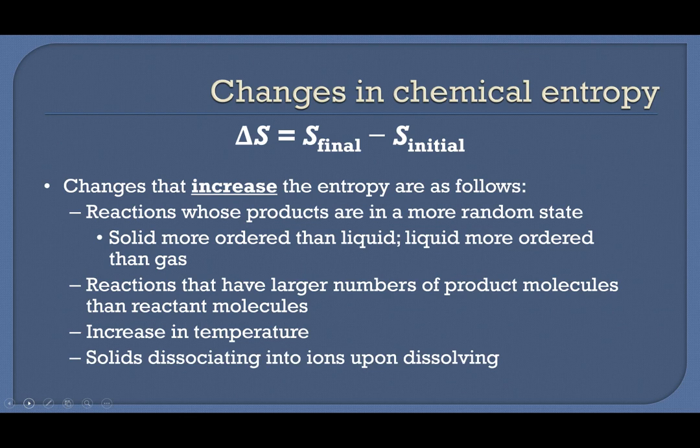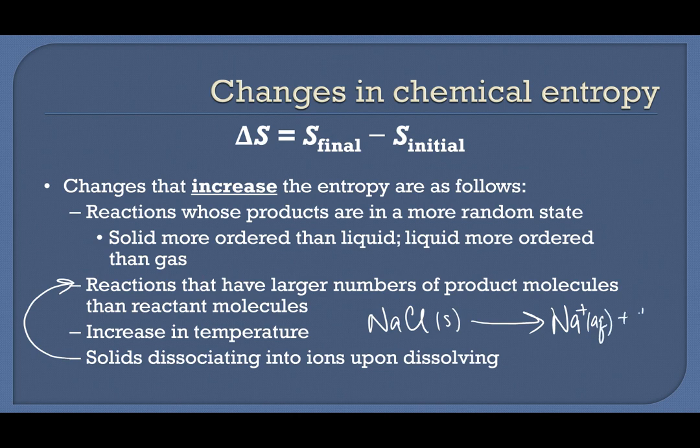And then lastly, solids dissociating into ions. This one's very much related to the second one. For example, if I put NaCl solid into a beaker of water, it's going to break apart into sodium ions and chloride ions.